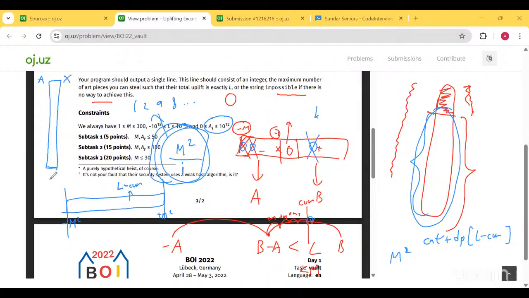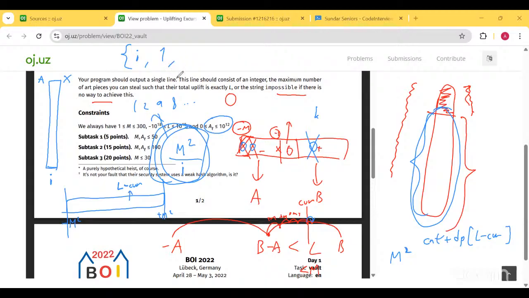For example, the value of this is I, so it means we have an item whose weight is I and the value is 1.